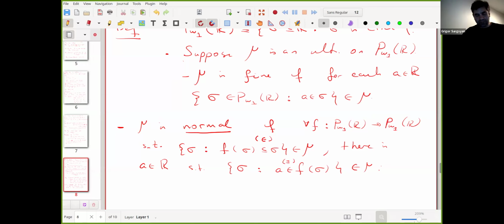And why are we not doing that? Well, why is it equivalent? If it was well ordered, then knowing that f(sigma) is a subset of sigma, you could define another function which picks the least element of f(sigma). Okay, and then apply this version of normality to that new function.